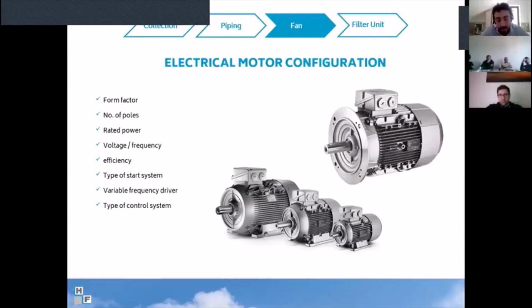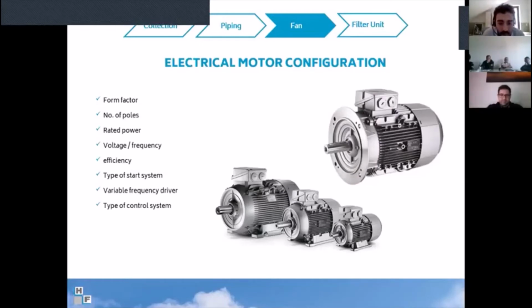Then we have to define which efficiency we need. Sometimes we need an efficiency in class IE2, sometimes IE3, and in the future IE4. Now for our policy, we install almost always at least IE3 in order to guarantee optimal performances in terms of power consumption in kilowatt.